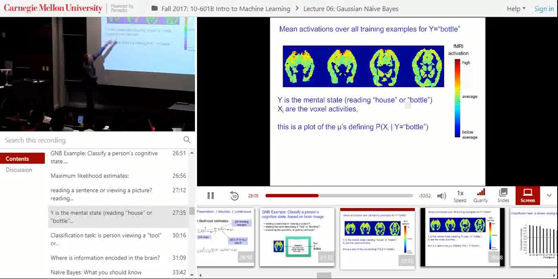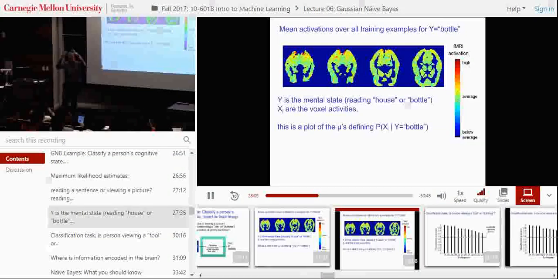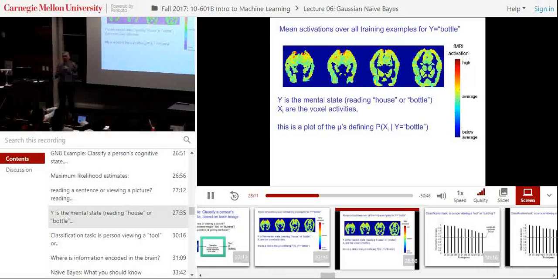Here's a picture. It looks like 4 different brains, but actually fMRI gets a 3-dimensional picture of your brain. So each of these is actually a different slice of the same brain. And there are 21 slices altogether in our images, so I'm only showing you 4 of those slices, but this is what the data looks like.